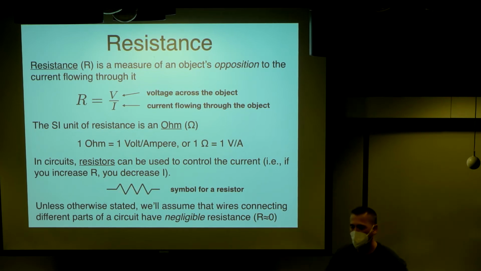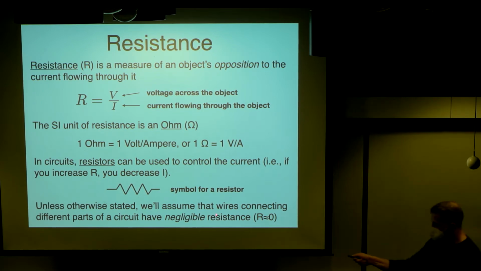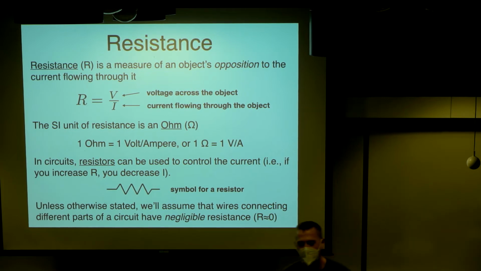So let's just keep track. So far, you've seen 3 different types of symbols for things that could appear in a circuit, right? You know how to identify a battery, you know how to identify a capacitor, and this is a resistor. We'll introduce even more objects as we go, but that's just something to note here. Okay, last thing to note about resistance.